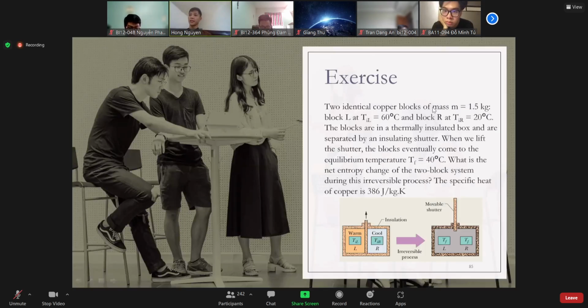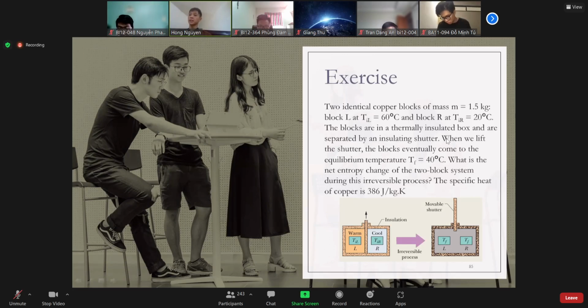Now I have an exercise for you to practice and for you also to understand better what I said. Here I have two identical copper blocks, TL and TR. The block TL has a temperature of 60 degrees Celsius and block TR has a temperature of 20 degrees Celsius. These blocks are put inside the box and separated by an insulating shutter, like this one.